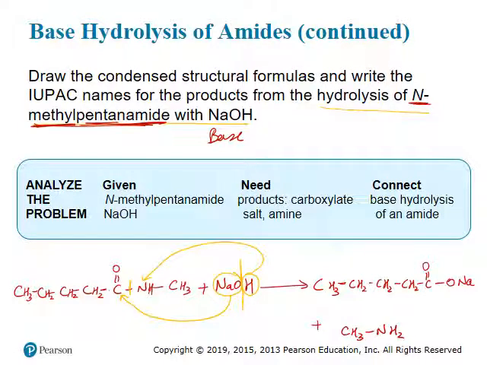So let's name them now. What would be the name for this? First thing, this is sodium. And now we name the acid. So how many carbons is it? 5. So pentanoic acid would become pentanoate. So it would be sodium pentanoate.